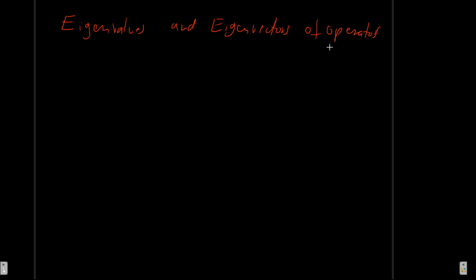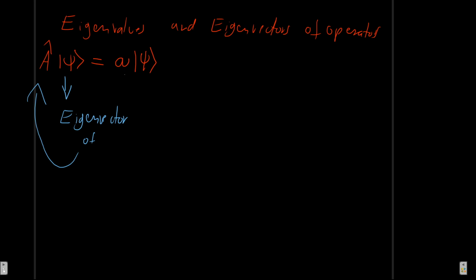What basically this means is that if we have some state vector, psi, as we have dealt with before, and we are going to have some operator acting on it, right? And if this procedure gives us some complex number multiplied by the same state vector, then we are going to say that this state vector is an eigenvector of A with eigenvalue small a.